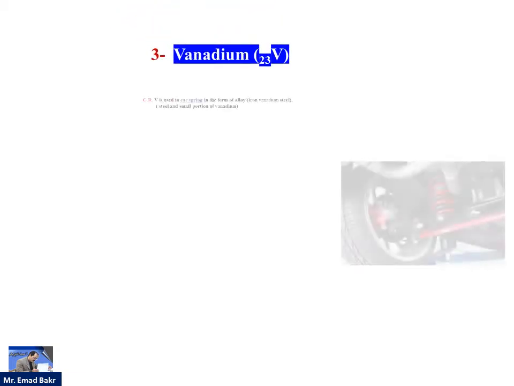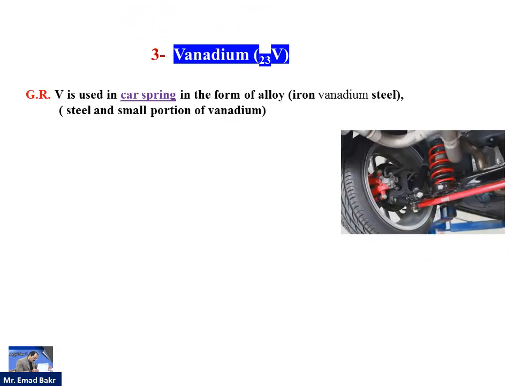Next, the next element, vanadium 23. Give reason, vanadium is used in car springs in the form of an alloy, iron steel or vanadium steel, and a small portion of vanadium.